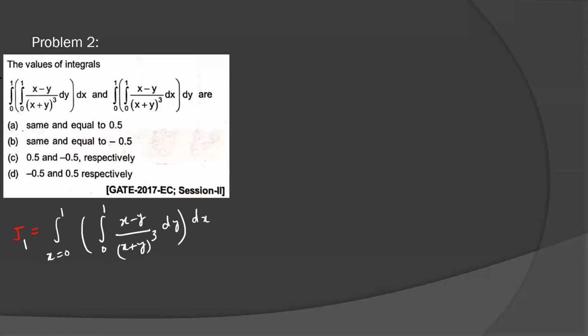First I1 I am going to solve. Suppose this is your I1 and this is your I2. Now if we put x plus y equal to some variable t, then what will be dy? Dy will be dt, because we are integrating with respect to y. X will be treated as constant. Change of limit is very important here. I am not disturbing the outside limit.